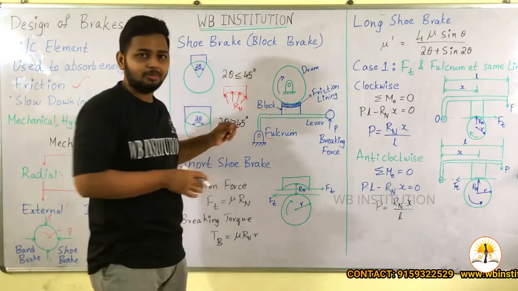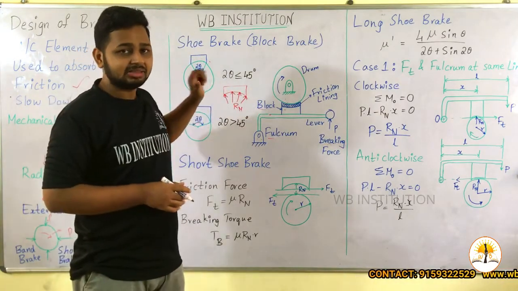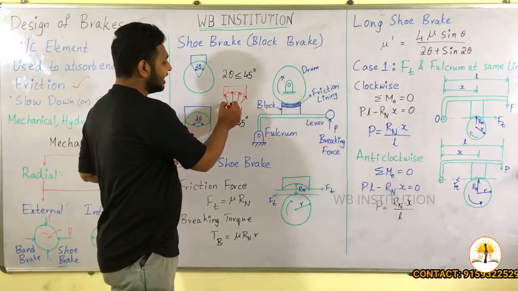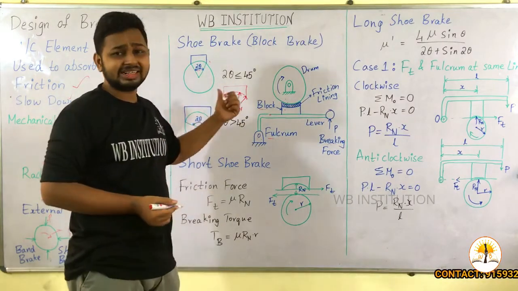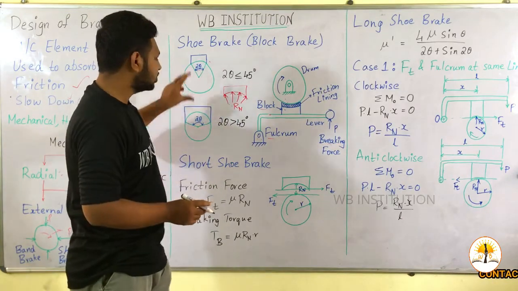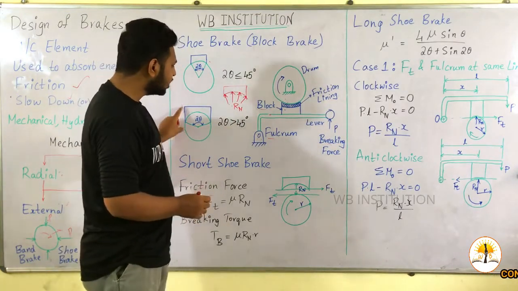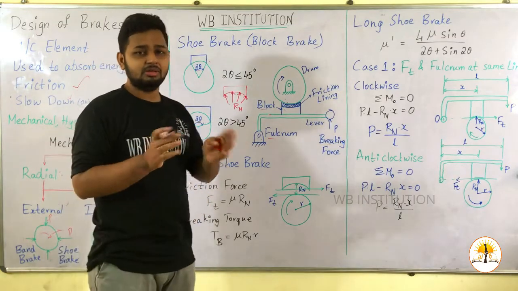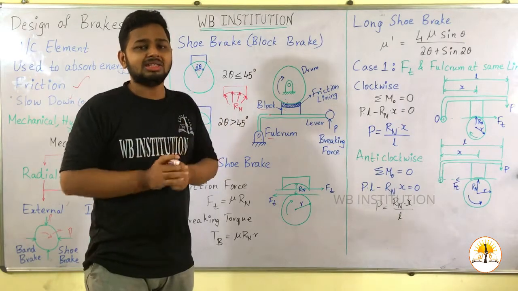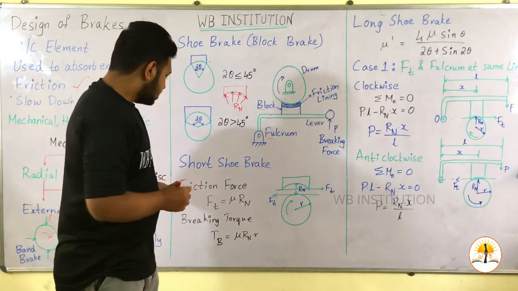This is the uniform pressure theory, as we discussed in the earlier classes for the clutches. In a similar way, here we will take the pressure as constant, with only a single type of load acting on the short shoe brake. In the long shoe brake the force will be variable, so we cannot take it as a constant pressure process.